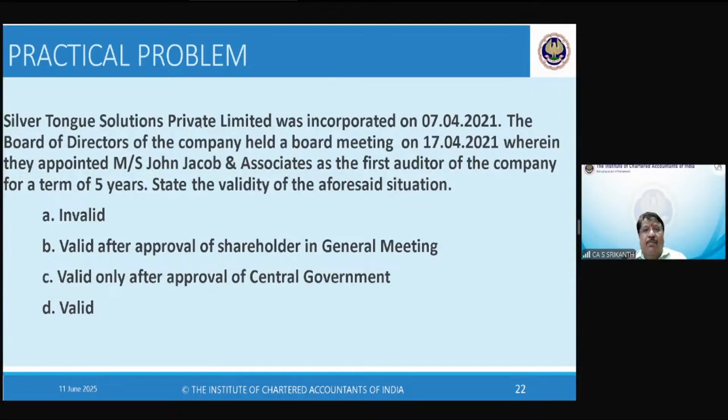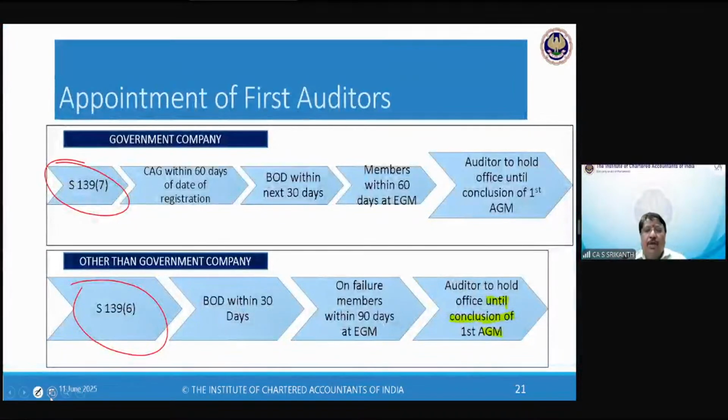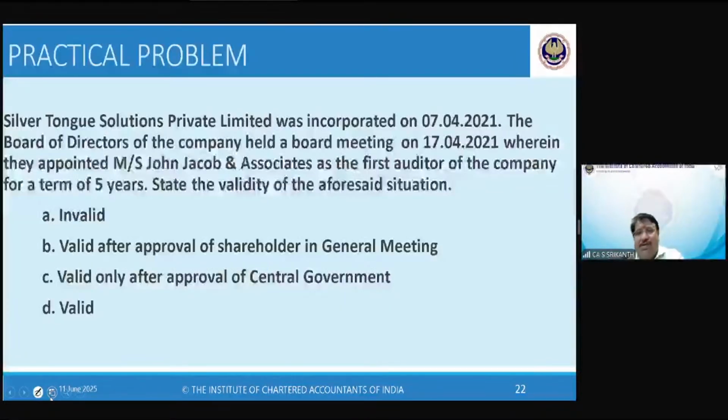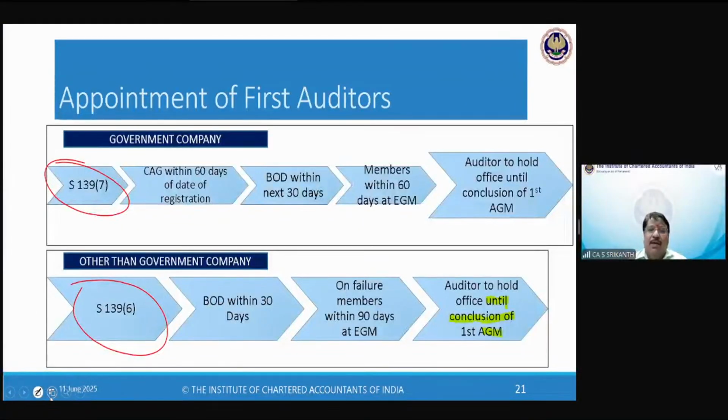See, in the multiple choice, you have no problem. But in the exam, you have to write the answer. Why invalid? Because the first auditor can be appointed only... my humble request, in the exam, when you are writing an answer, try to be as accurately near to the section as possible.